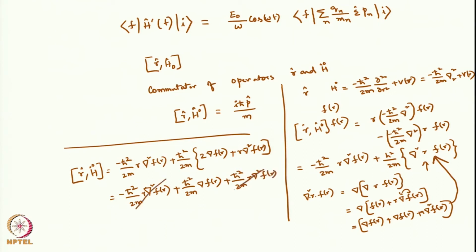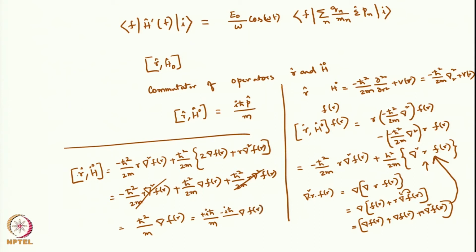Now, we will see that the R del squared terms get cancelled. So, this will be equal to h bar squared by m del f of R. So, this is equal to minus i h bar, so there is no 2 here, just m, multiplied by minus i h bar del.